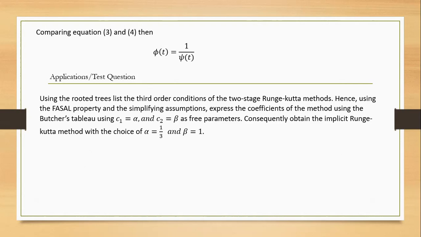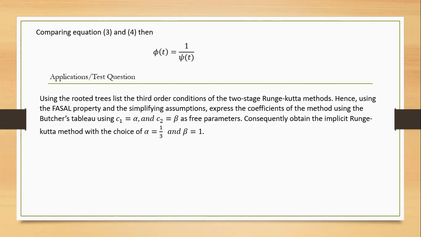Hence, using the Fassan property and the simplifying assumption, express the coefficients of the method using a Butcher tableau, with c1 equals alpha and c2 equals beta as free parameters. Consequently, obtain the implicit Runge-Kutta method with the choice of alpha equals 1 over 3 and beta equals 1.